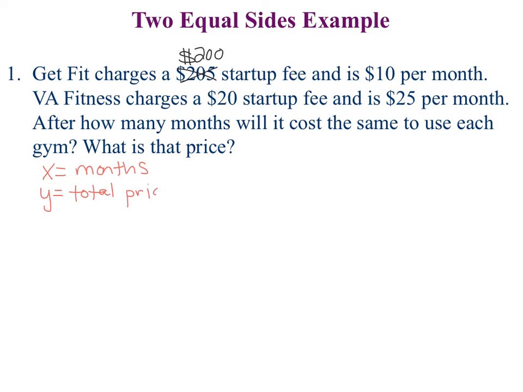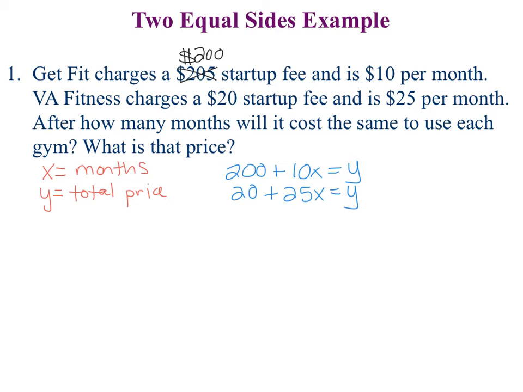So what we want to do is write an equation for Get Fit. Get Fit said it was $200 plus $10 per month, and that would equal the total price that it costs to be a member of Get Fit. And then VA Fitness is $20 plus $25 per month, and that would equal the total for their gym.